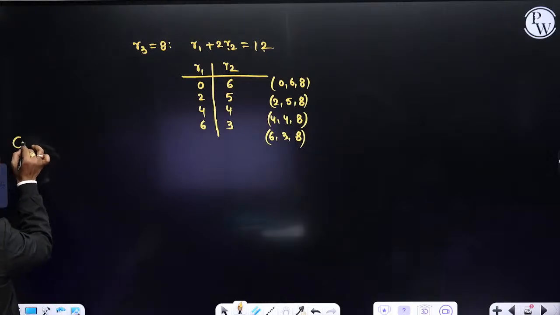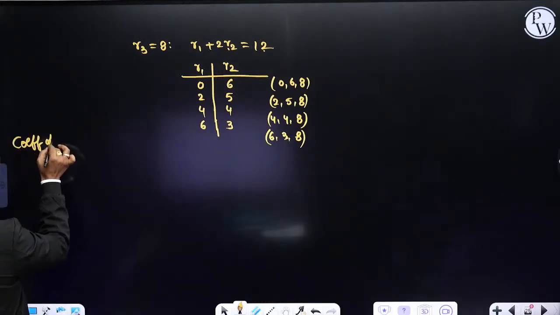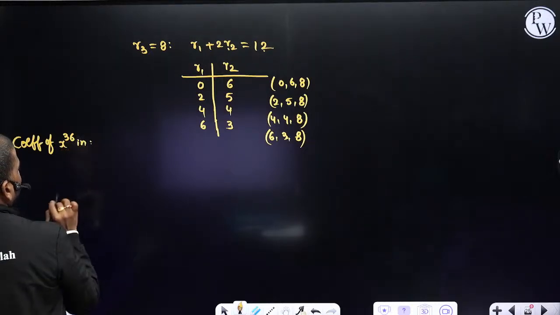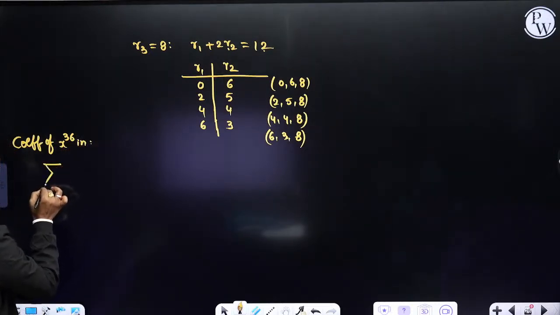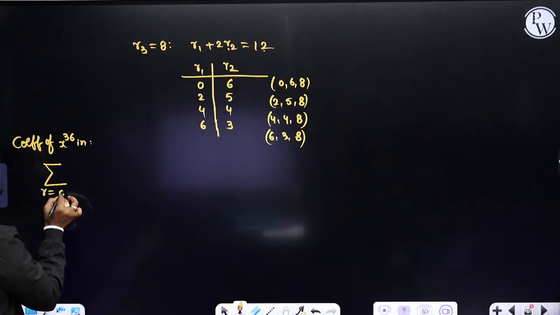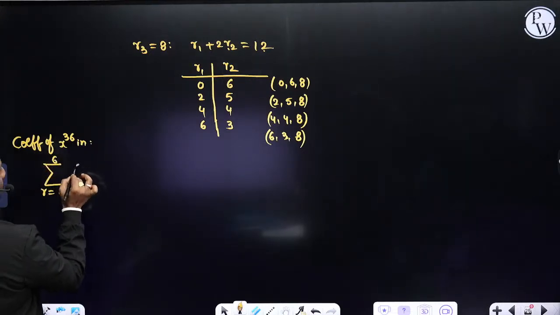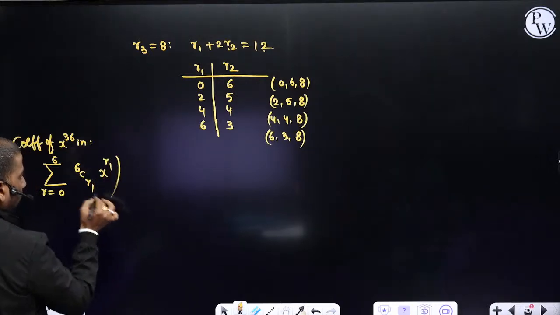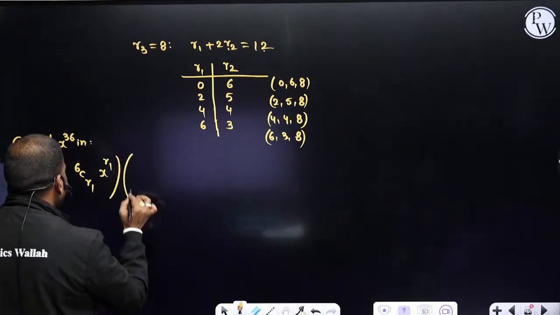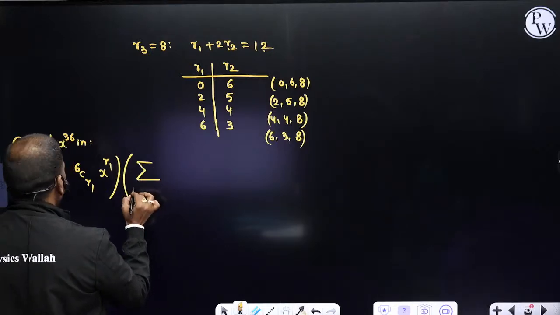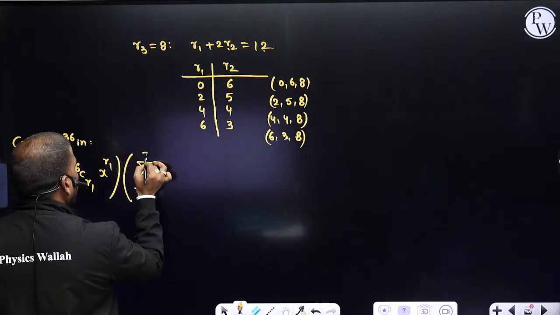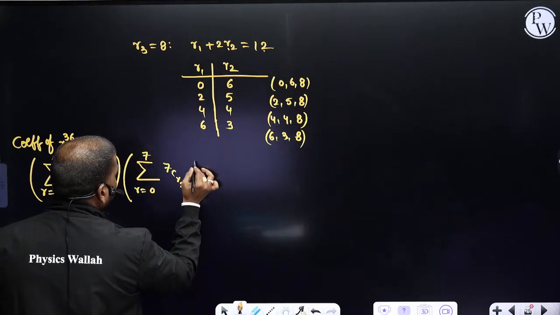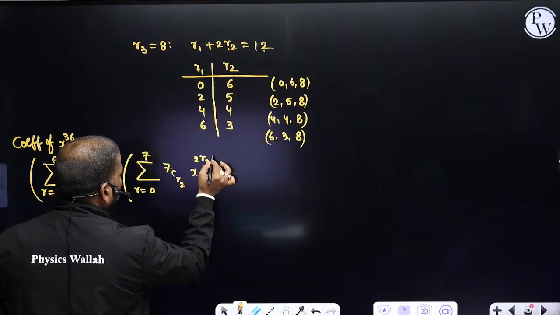So, coming back to that point, the coefficient of x power 36. What we have: summation, R running from 0 to 6, 6c R1, x power R1. Second portion is summation, R running from 0 to 7, 7c R2, x power 2 R2.